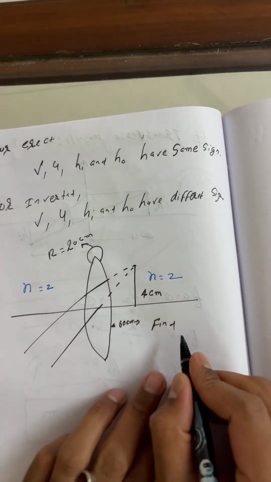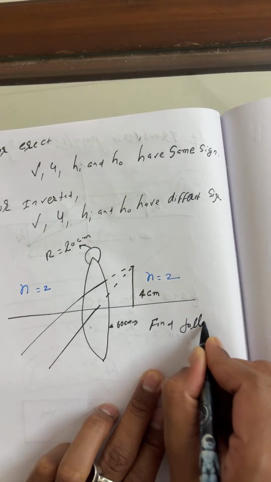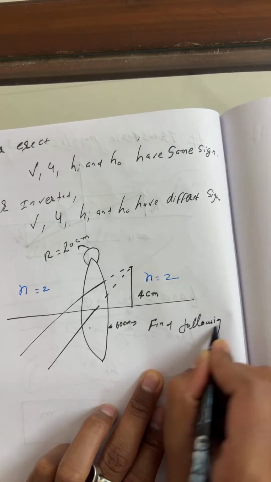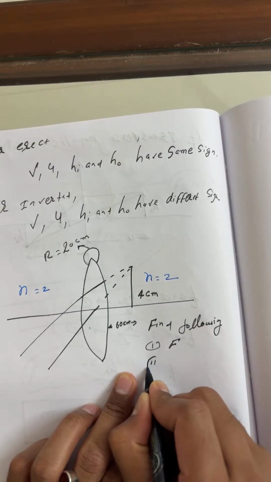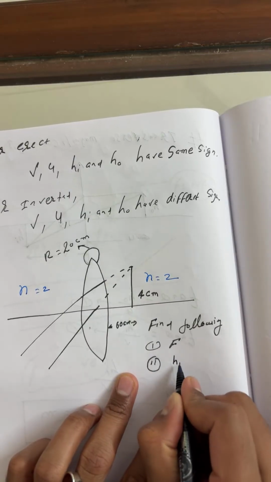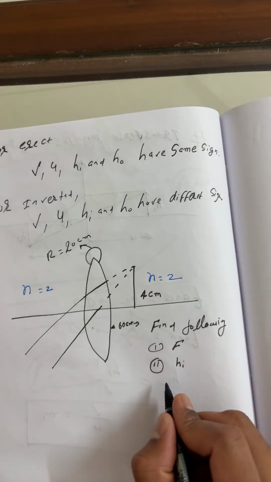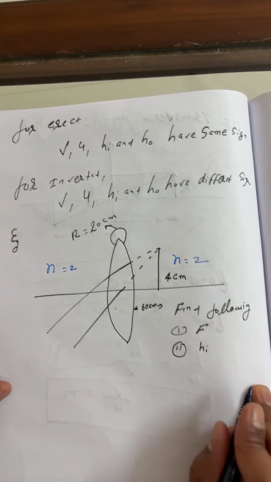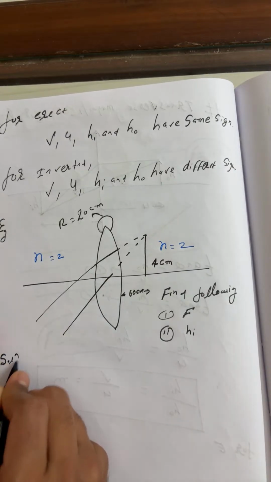Find the following. You have to first find the focus, then find the height of the image. Or I can also ask for the magnification. So now, students, have a look at the solution of these questions.